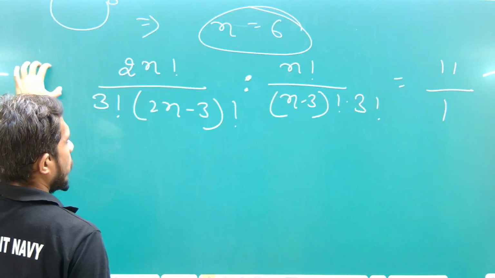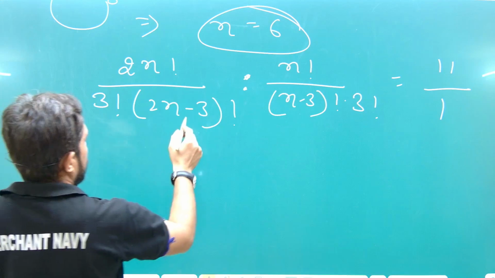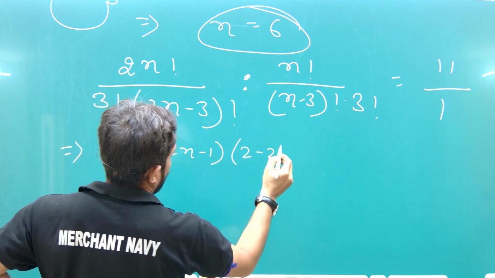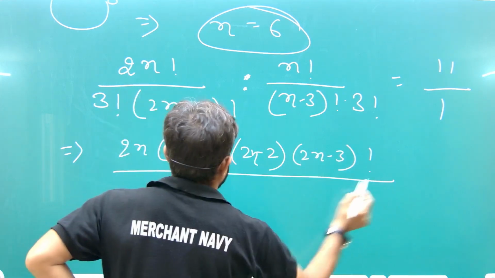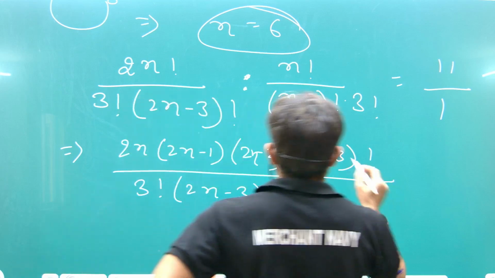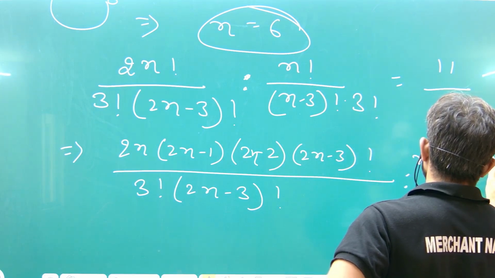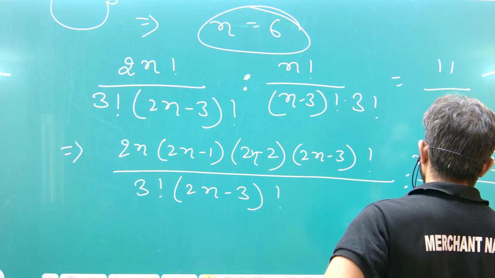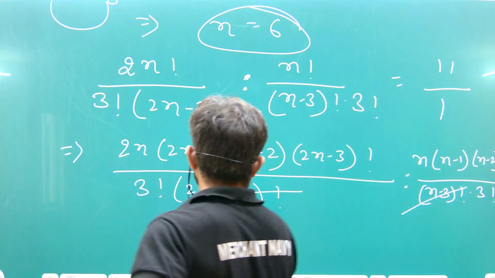That becomes 2n into 2n minus 1 into 2n minus 2 into 2n minus 3 factorial upon 3 factorial into 2n minus 3 factorial, is to n into n minus 1 into n minus 2 into n minus 3 factorial upon n minus 3 factorial into 3 factorial. So cancel out the 2n minus 3 factorial and n minus 3 factorial.